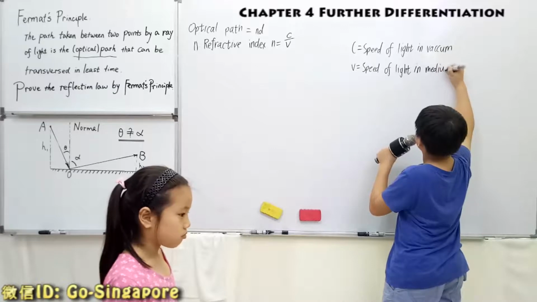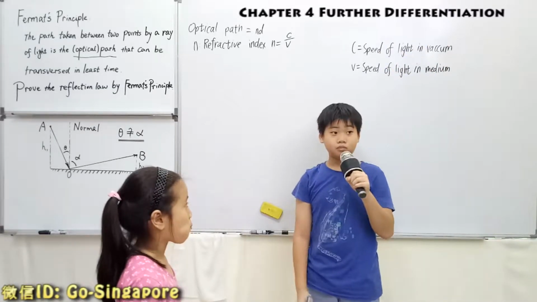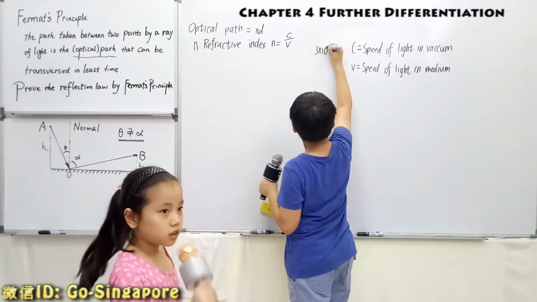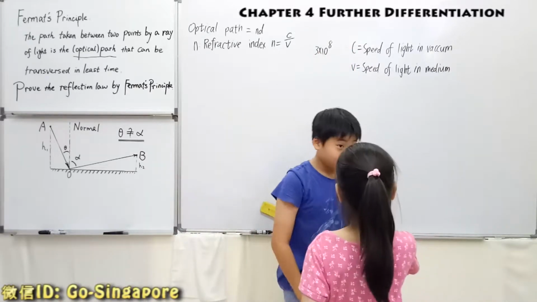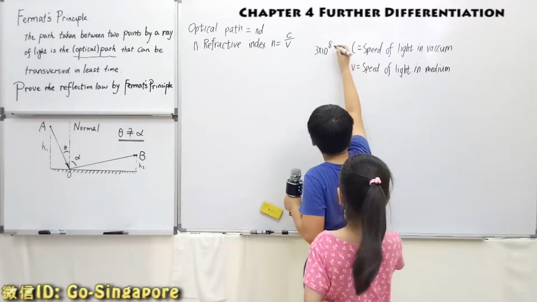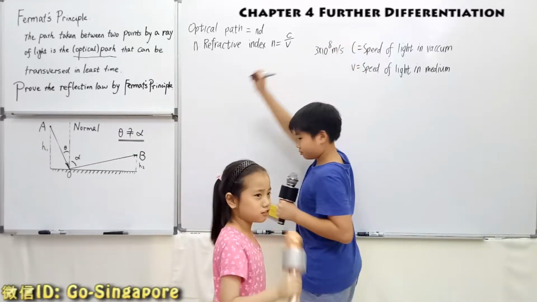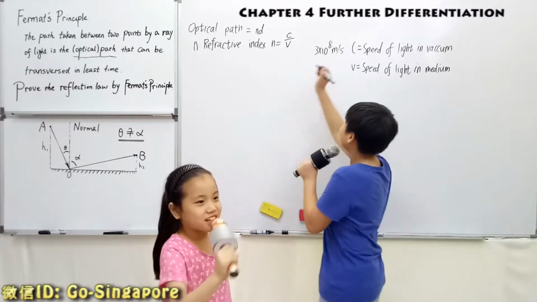What is the speed of light in the vacuum? Do you know that? 3 times 10 to the power of 8. What is the unit? Meter per second.